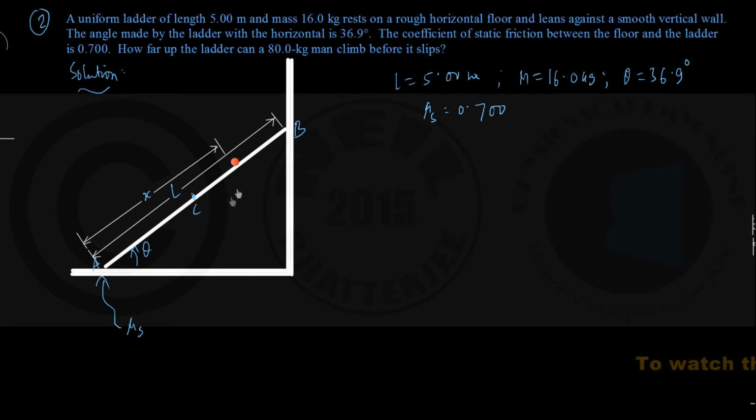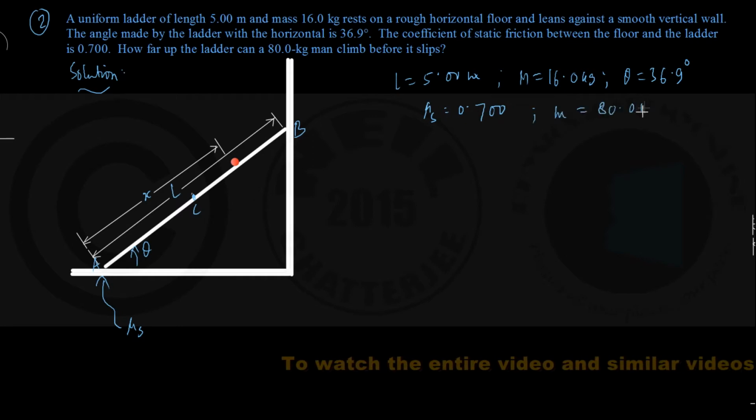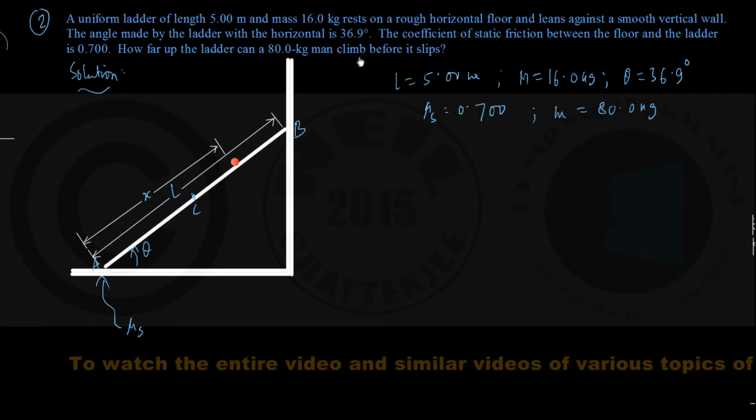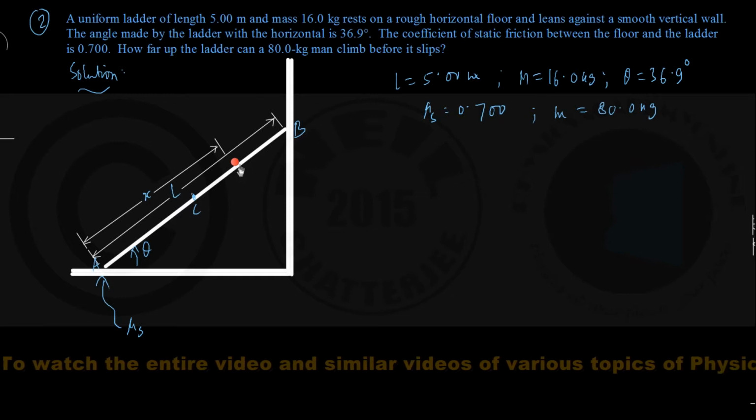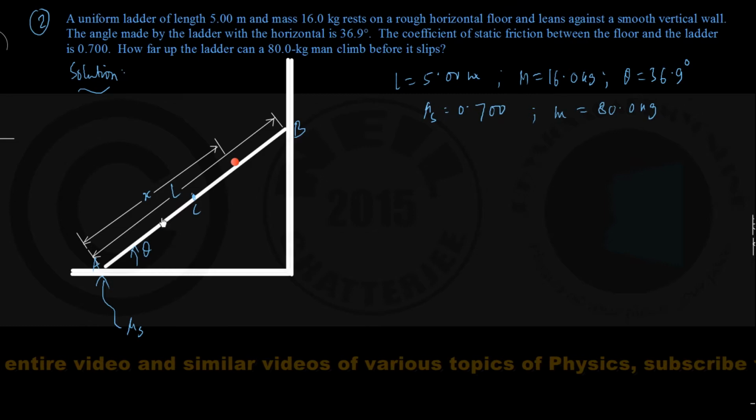So with this understanding, we have taken down all the data here. Well, the mass of the man taken to be small m, that is also given to be 80 kg. We have to find out how far up the ladder this 80 kg man can climb before the system begins to slip. That is the value of x at which the system just begins to slip.